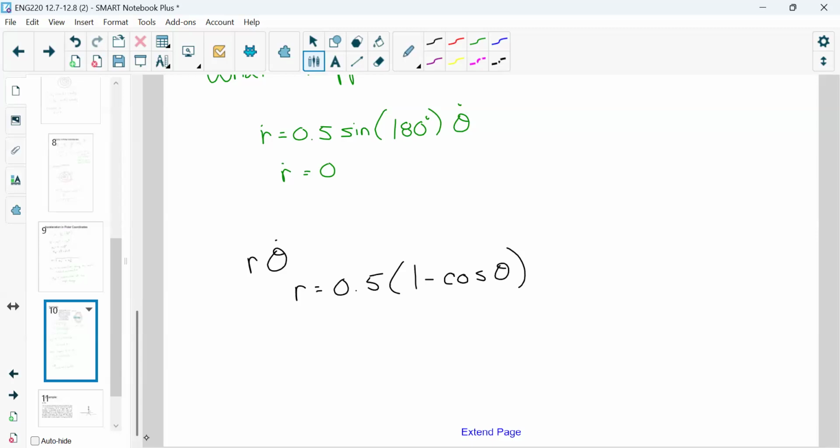At 180, all right, what are we going to have? We're going to have 0.5, and then this is going to be 1 minus a negative 1. So that's going to become 2 times 0.5. That ends up being what, 1?